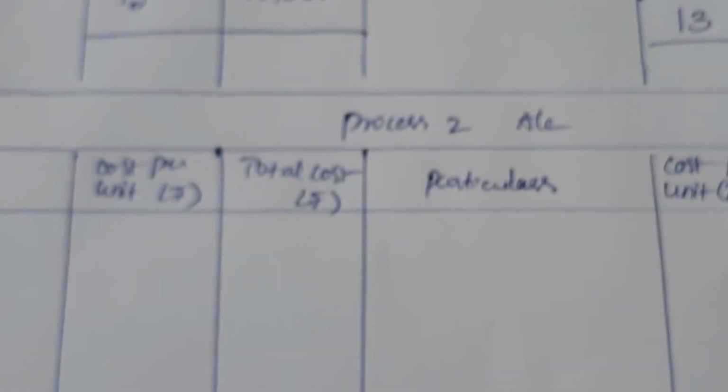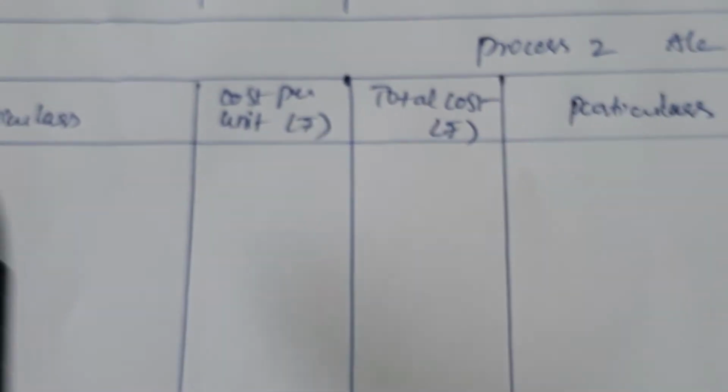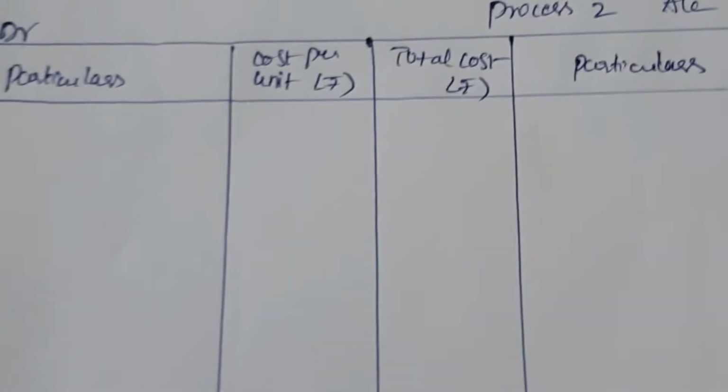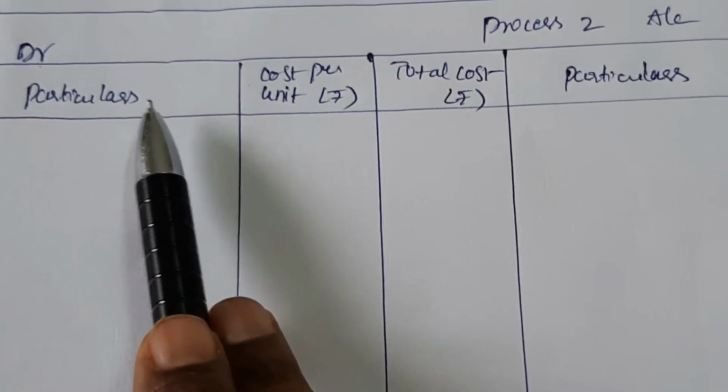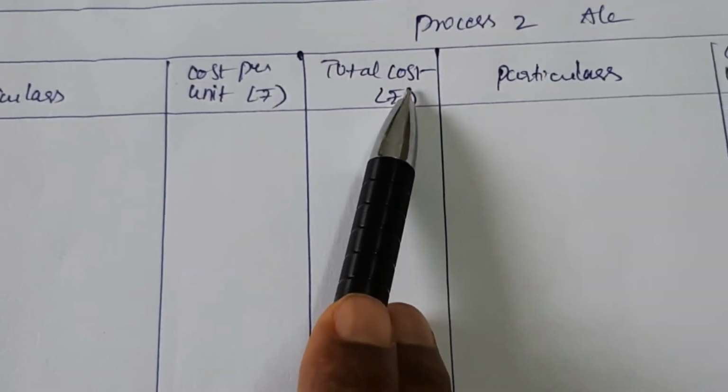Now we will start the process 2 account, which will consist of debit and credit sides. Both sides will have 3 columns separately: particulars, cost per unit, total cost.